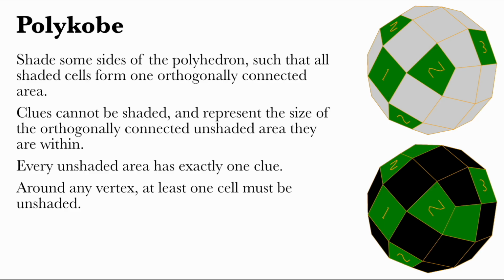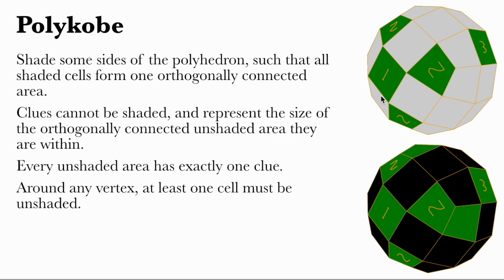In Polykobe, we will shade some sides of the polyhedron such that all shaded cells form one orthogonally connected area. Okay, so here is where things are a little odd for us. We are going to have a polyhedron presented to us that we can't, in this example, see all of because it is a 3D shape.